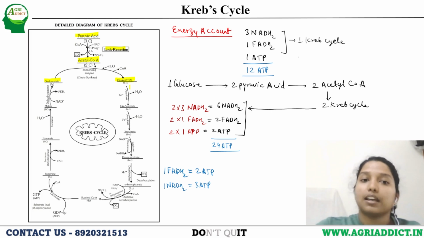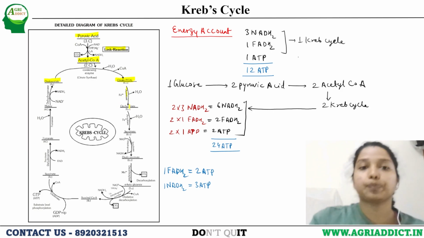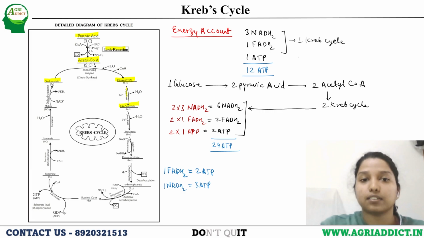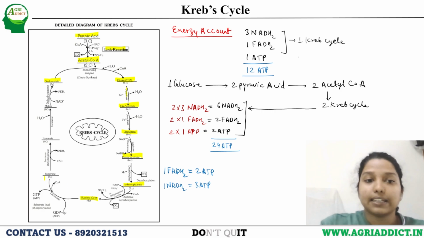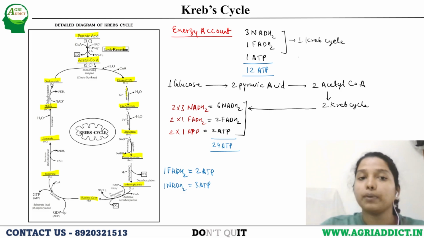In presence of aconitase, citrate is getting converted into cis-aconitate, then isocitrate, then oxalosuccinate, then alpha ketoglutarate, then succinyl CoA, then succinate, fumarate, and malate. These are the compounds which are being formed in this cycle.